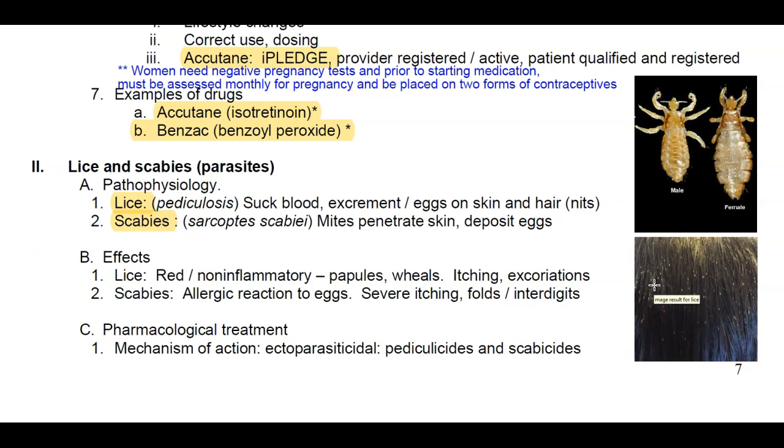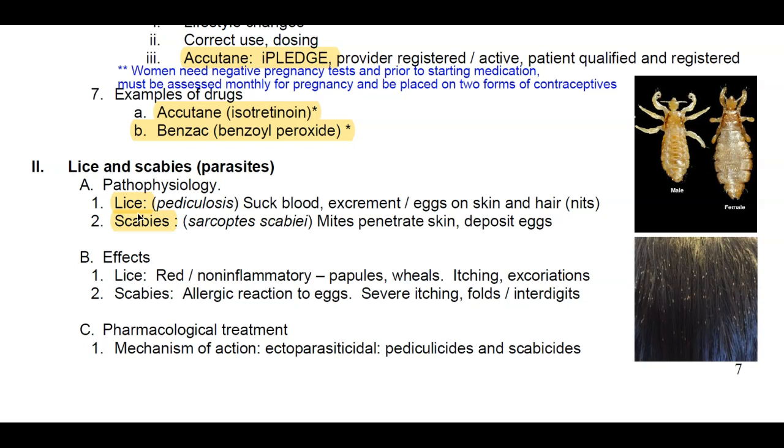So lice or pediculosis, these are parasites that suck blood, and they often leave excrements and eggs on the skin and hair. So that would be the nit. Scabies is also called Sarcoptes scabiei, which are mites that penetrate the skin. So they burrow. So they're inside the skin and they deposit their eggs.